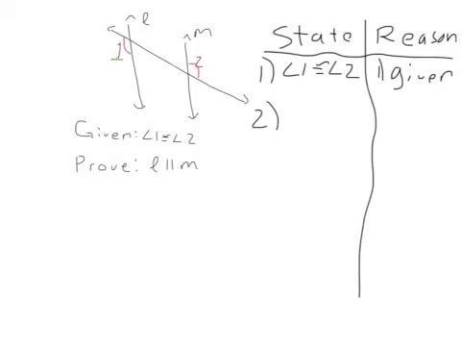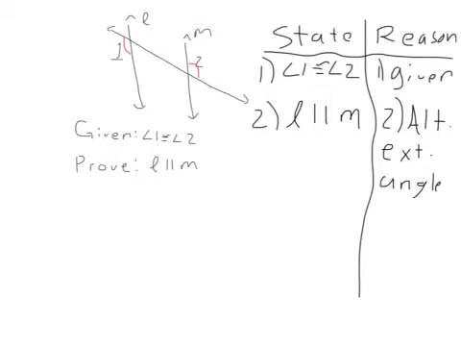And if these are congruent, then that means that the lines are parallel. So right from there I can say L is parallel to M, and my reason would be alternate exterior angles, and I'm going to abbreviate that, and that's just an abbreviation right there. And we're done.